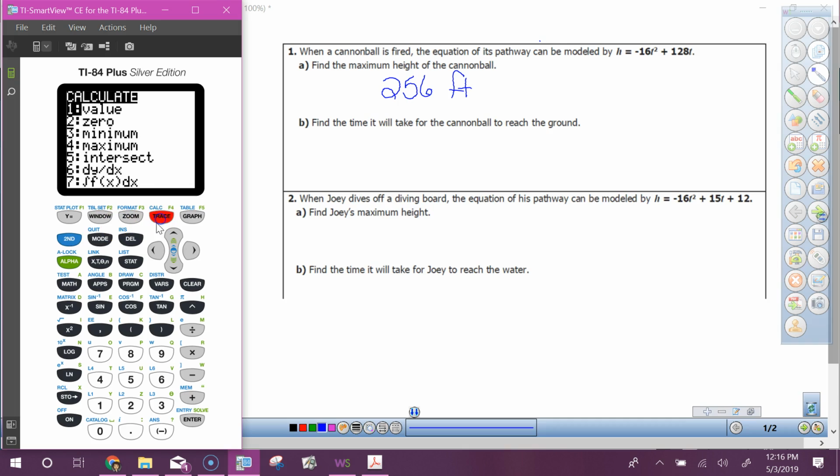Yep, so second, trace 2. Now, it's got that little picture again. Now, I'm going to tell you, it's a little hard to see on here because our numbers are in the way. But if you look at your numbers, our left bound has to be above the x-axis. So scroll over there.